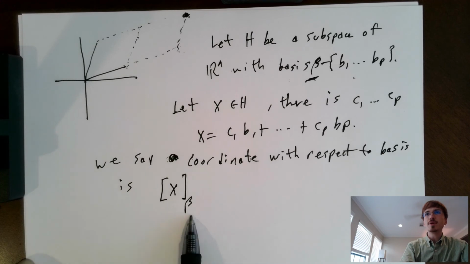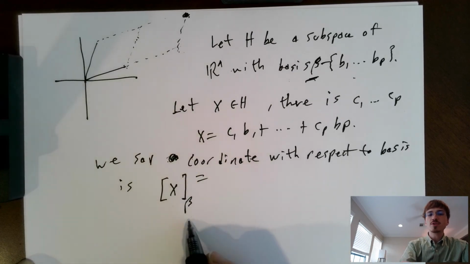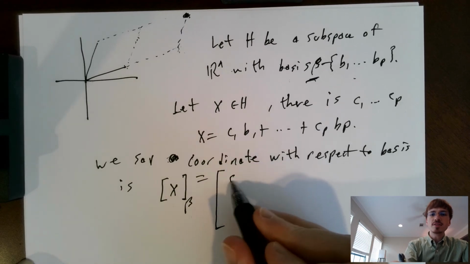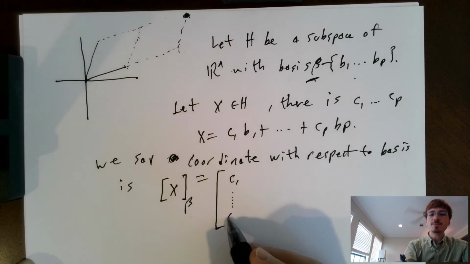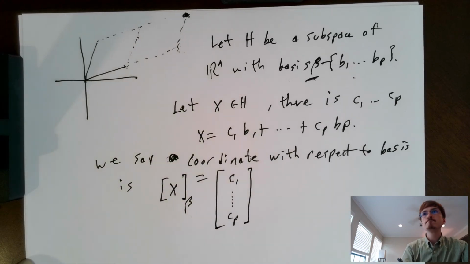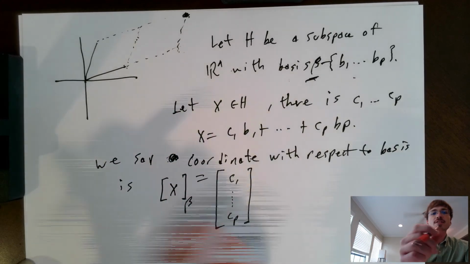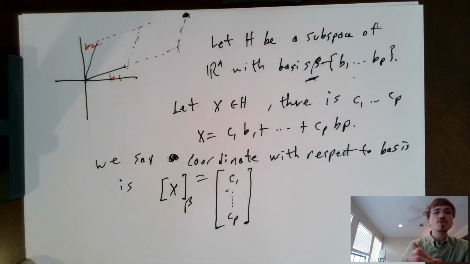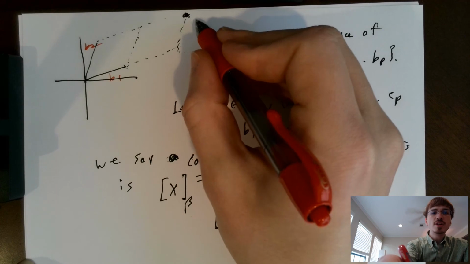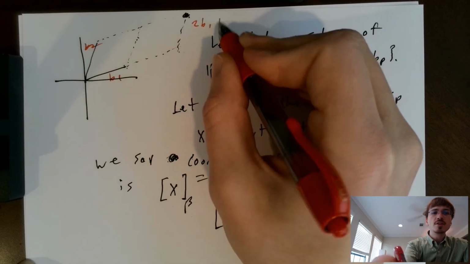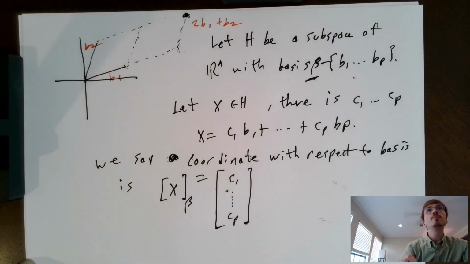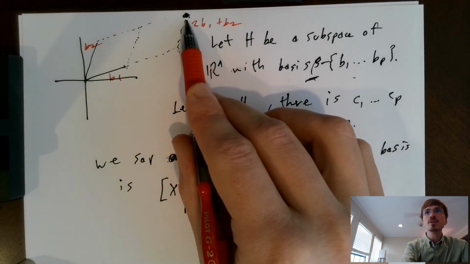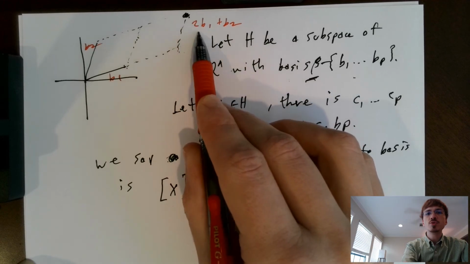We have x sub beta, the coordinate of x with respect to the basis beta, given by the vector of those constants, C1 through CP. Yeah? And indeed, what did we have in this little example here? If this was our vector B1, and this was our vector B2, then I know that this point here is 2 B1s plus B2. And indeed, what was the coordinate of this point with respect to the basis? It was 2, 1.